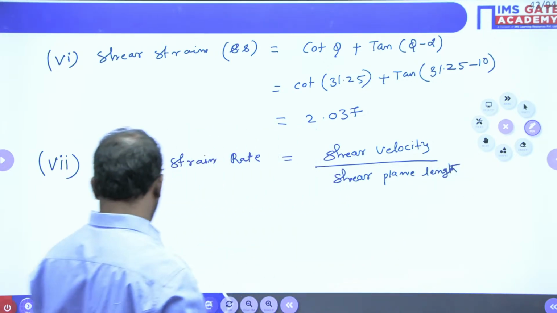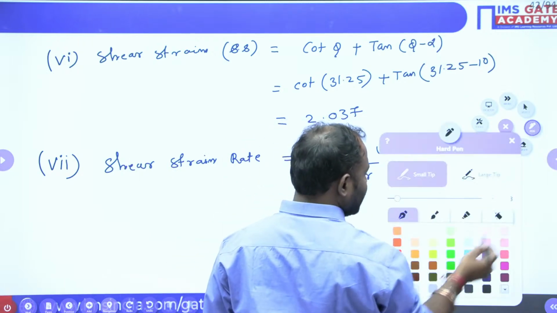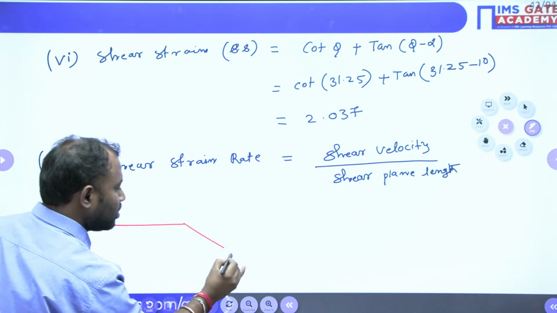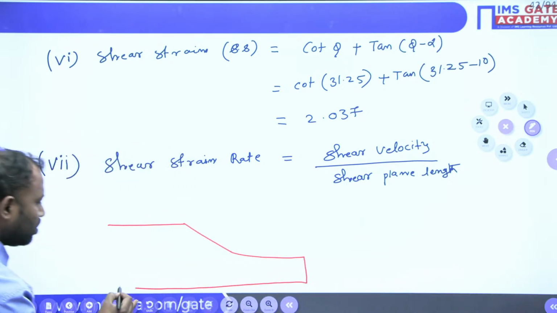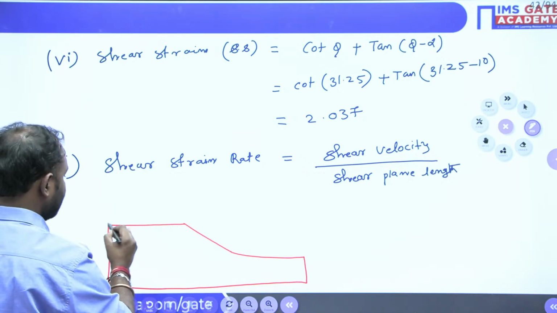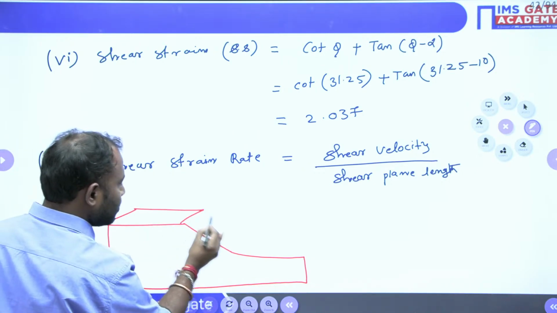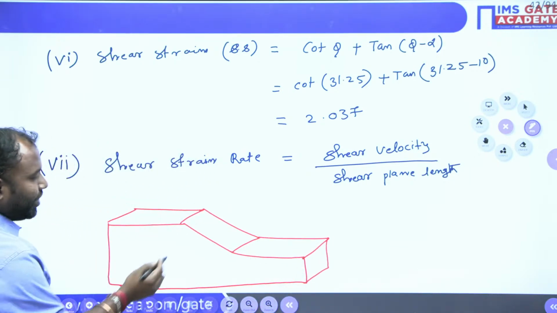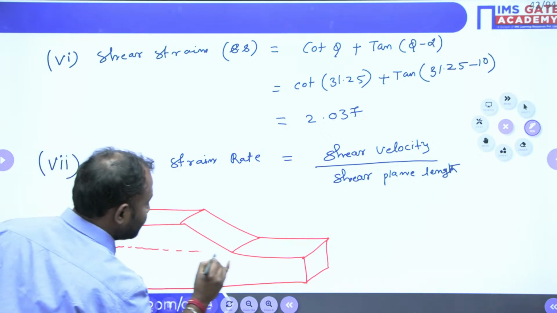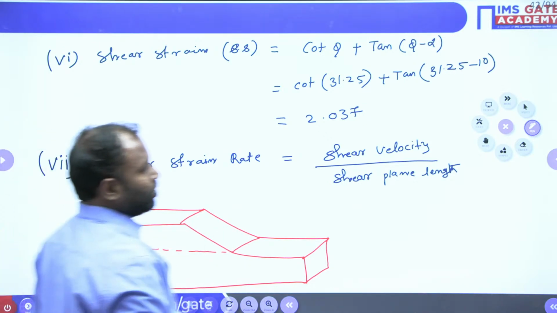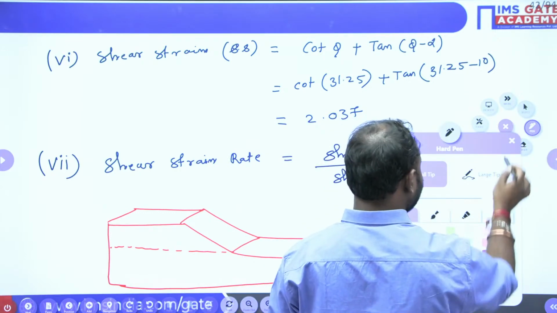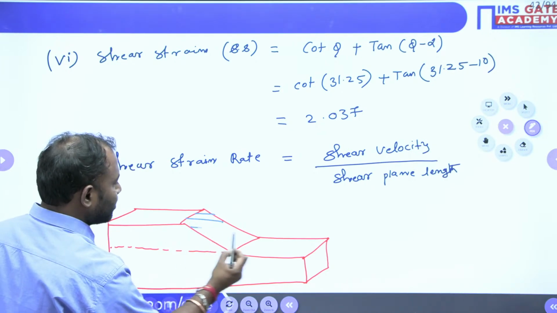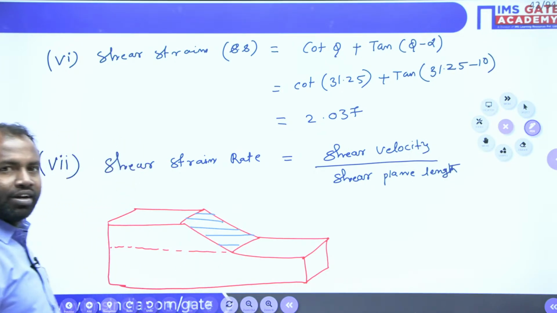Now let me draw a small diagram to show these two quantities. Where is the shear going to happen? This is the shear plane.